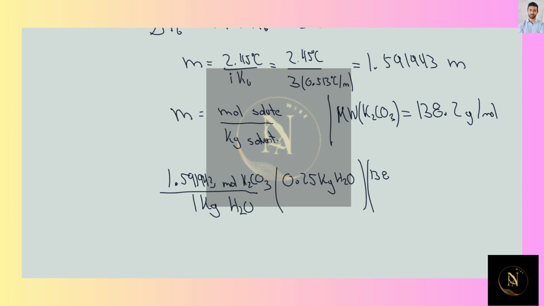We have 138.2 grams of potassium carbonate per each mole of potassium carbonate. We cancel mole with mole, kilograms of water with kilograms of water, and we end up with the final result, which is equal to 55 grams of potassium carbonate. And this would be our final answer.